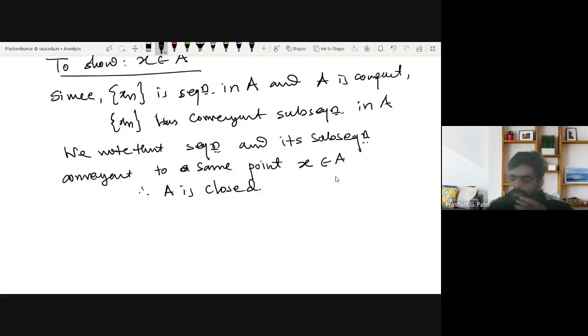So ultimately what we have done is: A is compact implies A is closed. But the converse of this result is not true.